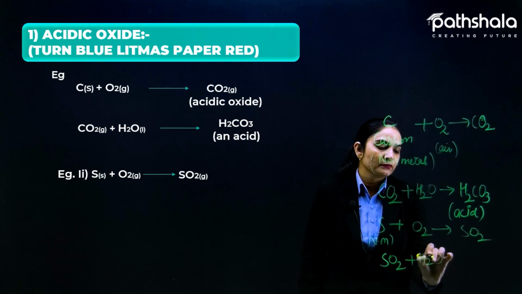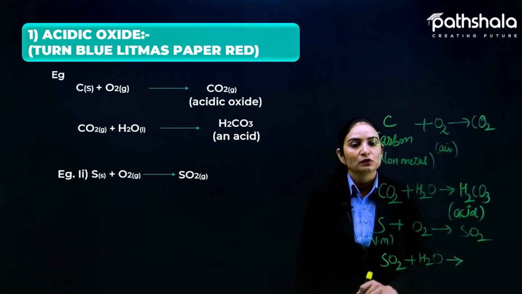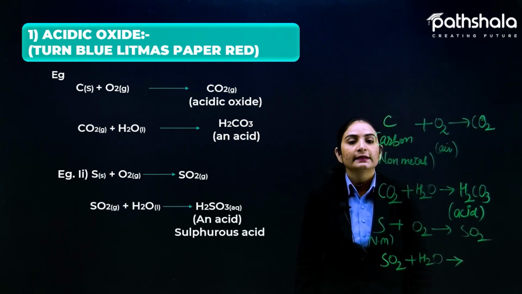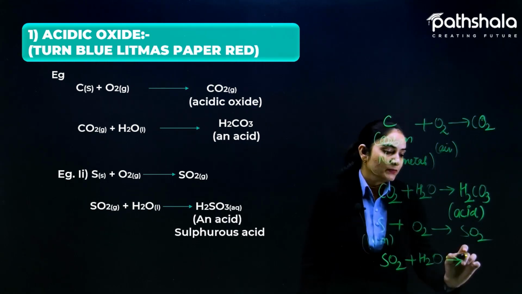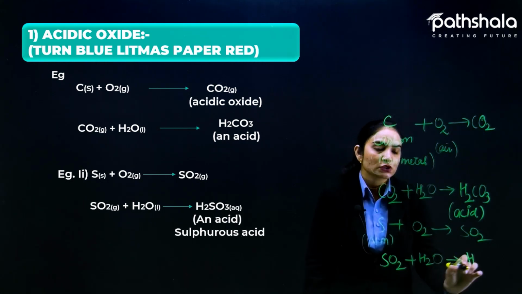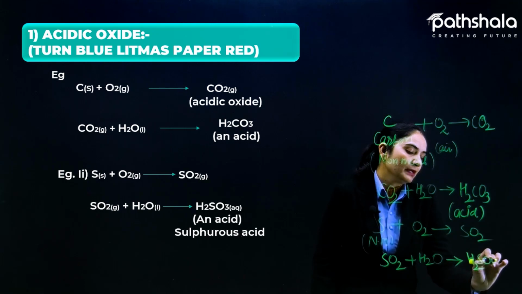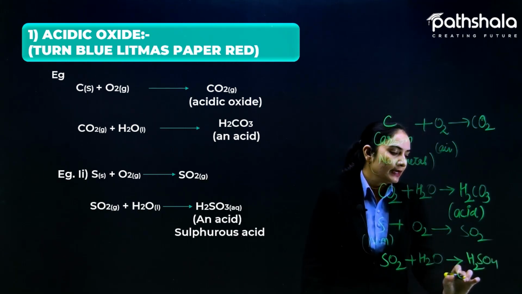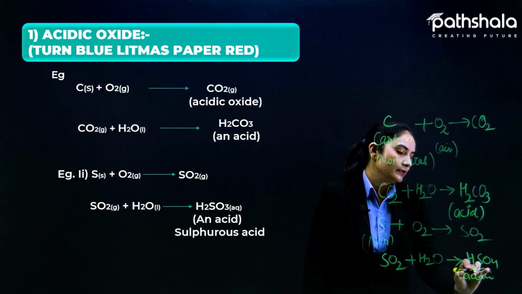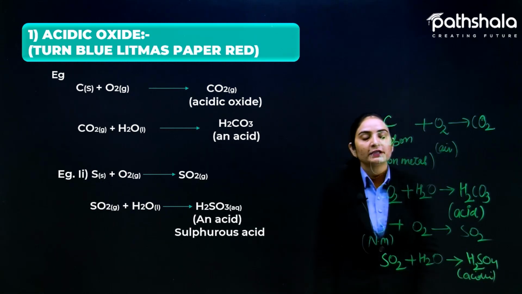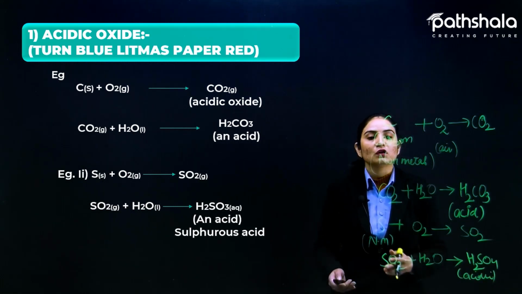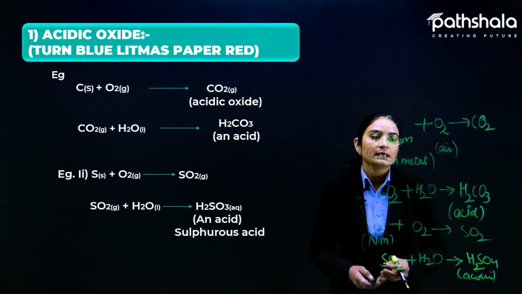In the upper atmosphere with moisture, this SO2 reacts and can produce sulfuric acid and turn into acid rain. So here it produces H2SO4. By balancing, we get an acidic oxide. So this indicates that the oxides of non-metals are acidic in nature.